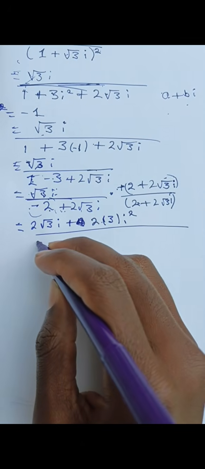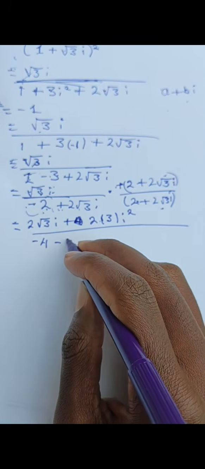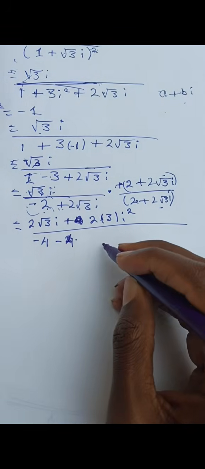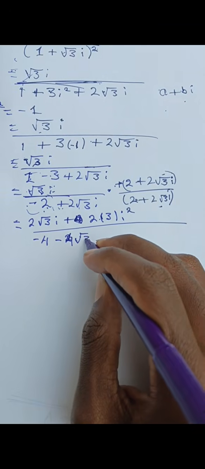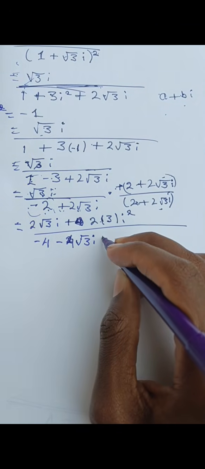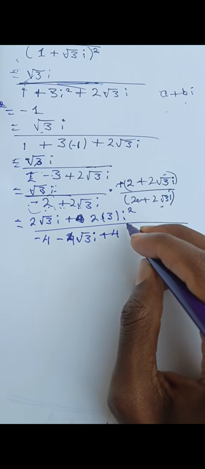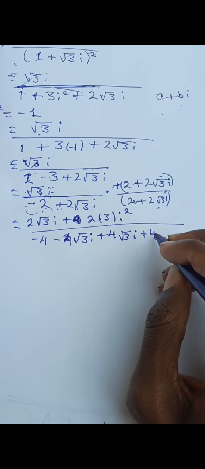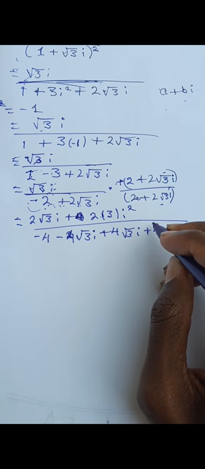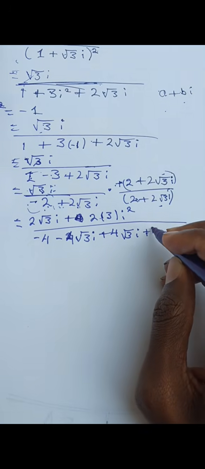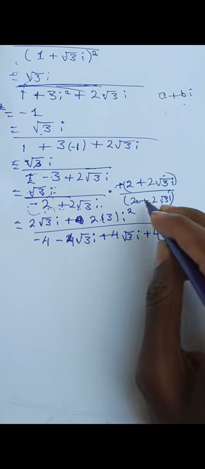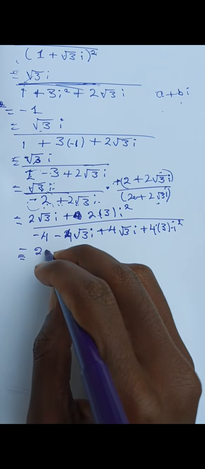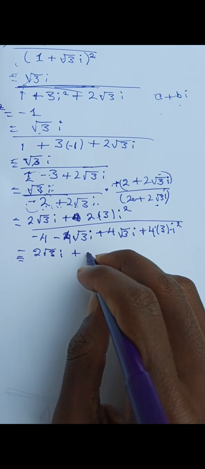Then this times this is going to give us negative 4 square root of 3i. This times this is going to be plus 4 square root of 3i. This times that is going to be plus 4, square root times square root will give us 3, i times i is going to give us i power 2. So now we have 2 square root of 3i plus 6.